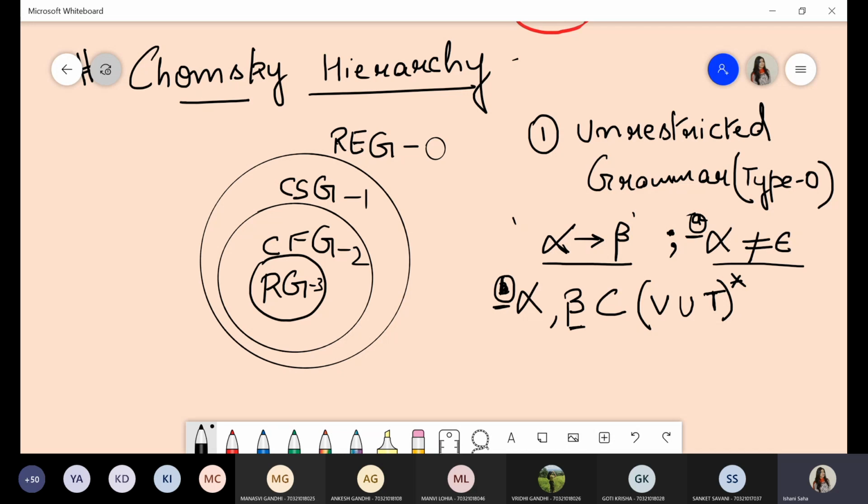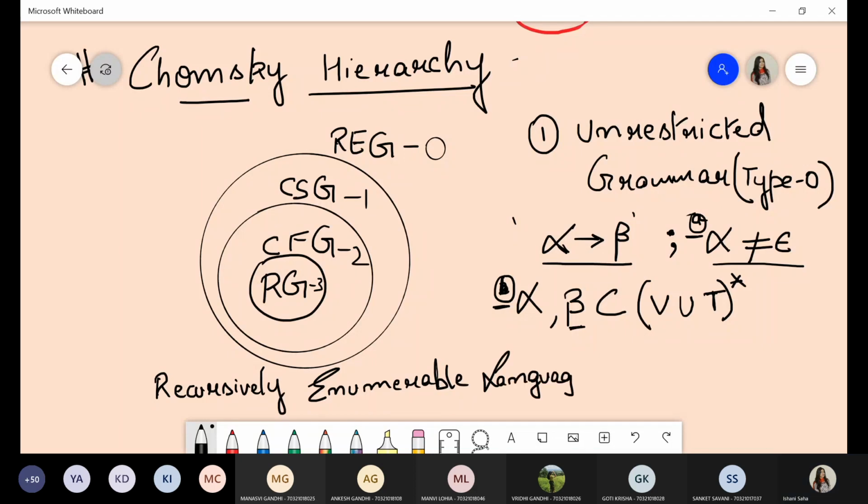The language formed by this grammar is known as recursively enumerable language, which are recognized by a Turing machine.